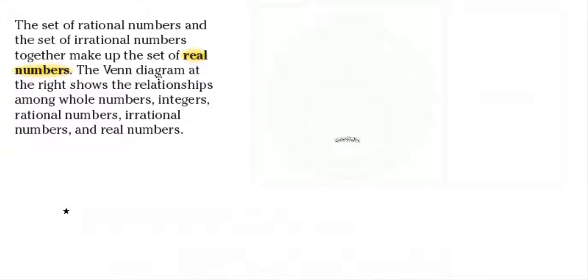So when you talk about the set of real numbers, let's first look at the set of whole numbers. This now becomes the set of whole numbers. So you have whole numbers 0, 1, 2, 3, 4, 5, 6, 100, 150. Those are all examples of the set of whole numbers. And remember the definition.